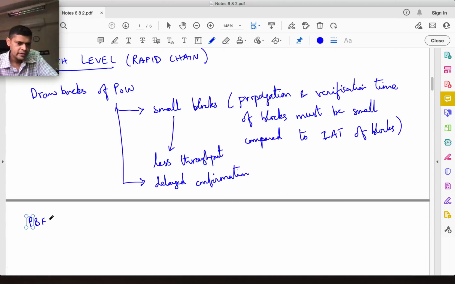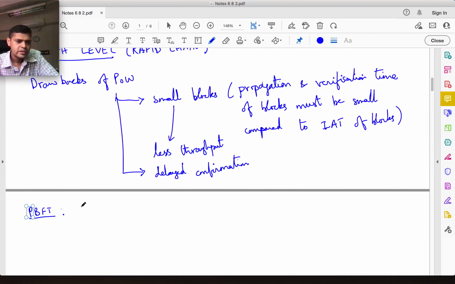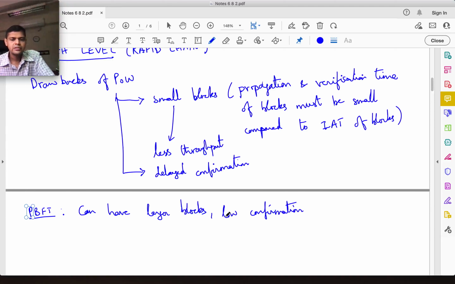So PBFT is used for permissioned systems, and you can have larger blocks, and there is low confirmation time here. So as long as the leader is honest, things are going to be fine.